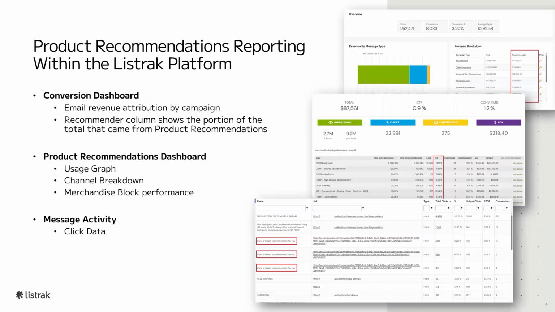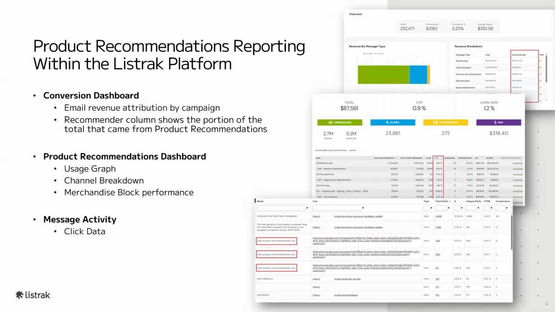So here you can find usage graphs that show impression delivery and revenue attribution for the entire program, and it breaks it down. You can toggle back and forth between on-site product recommendations and email product recommendations. The channel breakdown will then break it out by the total revenue, total click-through rate, total conversion rate of all of the merchandise blocks, as well as individual line items for each merchandise block.